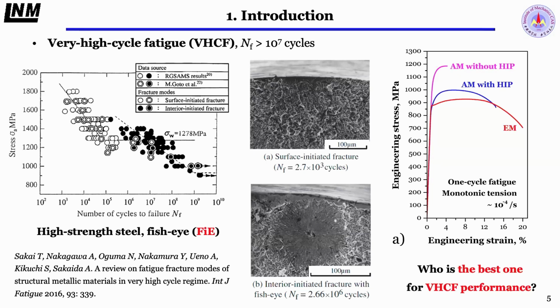So I can ask a question about these three materials, all titanium alloy but with different microstructure: which is the best one for very high cycle fatigue? This shows the different UTS and different elongation.